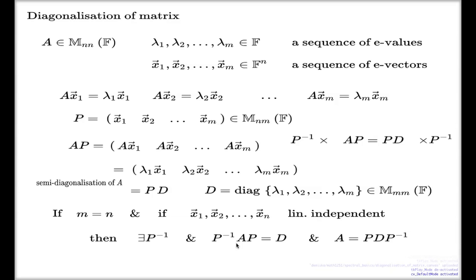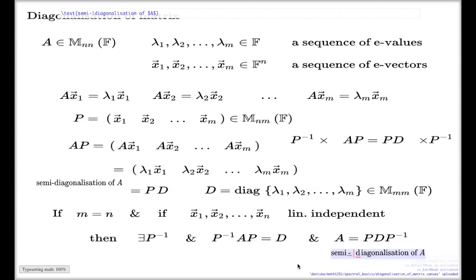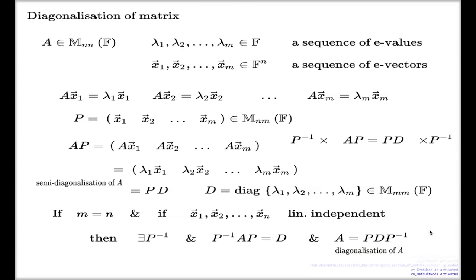These two relations, either of them, because they're equivalent, you have to play with this P inverse factor in the right way. This is what people call the diagonalization. So this was a semi-diagonalization, but now I can kill the prefix semi, it will be diagonalization of matrix A.